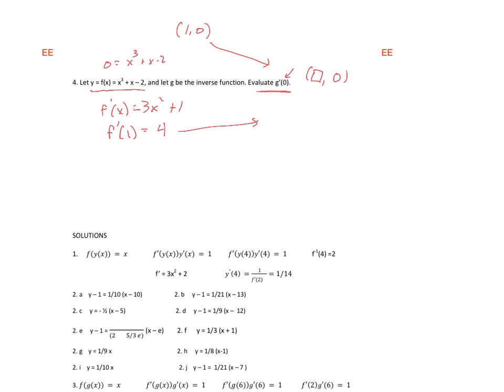So then that tells me that if I am looking for f inverse at 0, that derivative, that's 1 over f prime of 1. And note the input versus the output here. All right, they're just calling this g instead of saying f inverse derivative. So we know that that's going to be a 1/4.